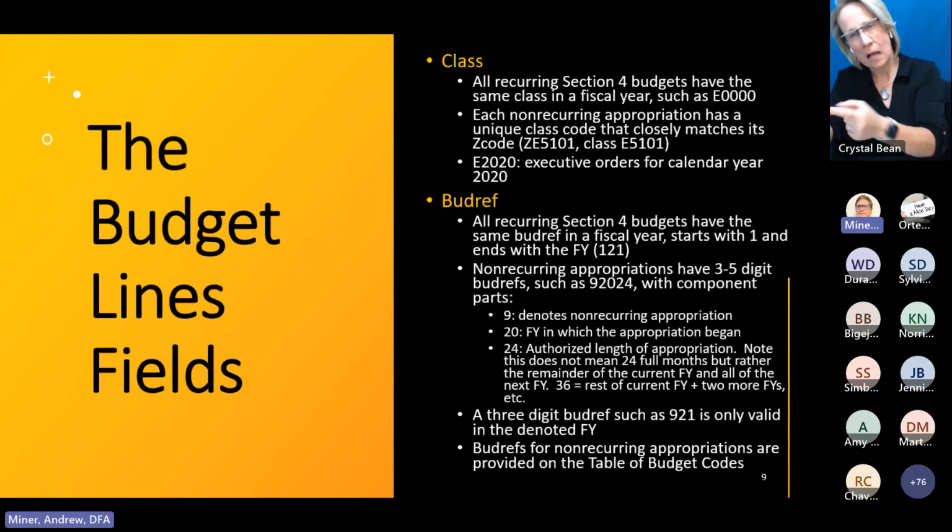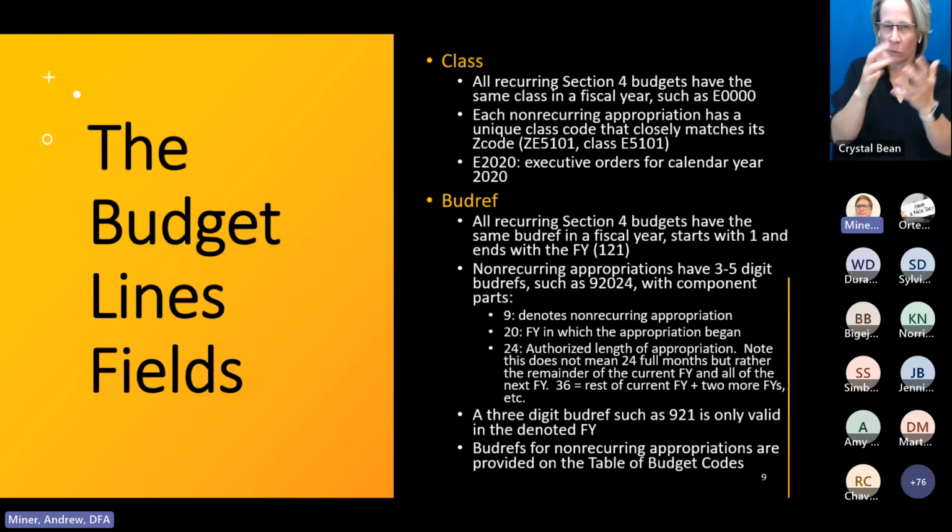Now it's a little confusing this year because that 24 on the end does not mean fiscal year 24, it means 24 months. Although that's also confusing because it's not actually valid for 24 months. It's more like 15. And I know that's a little confusing, right? But if you think about just the year when it started and then all of the next fiscal year.